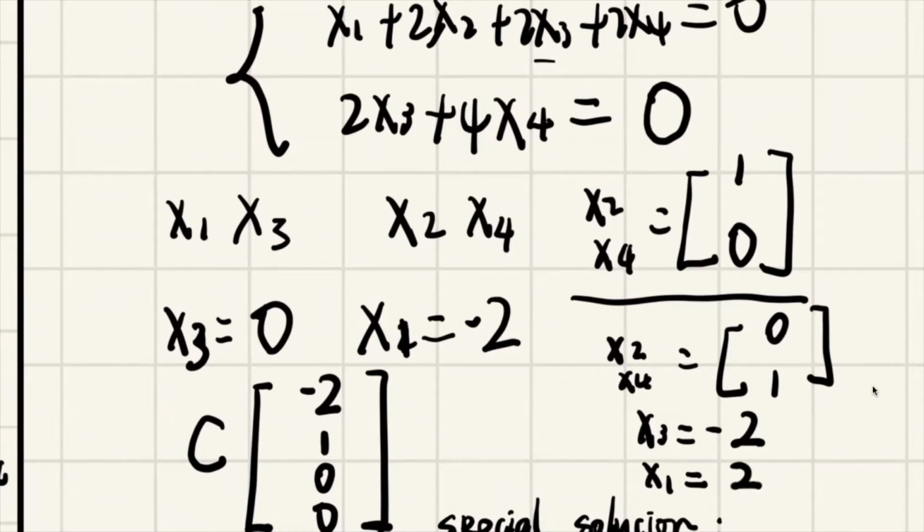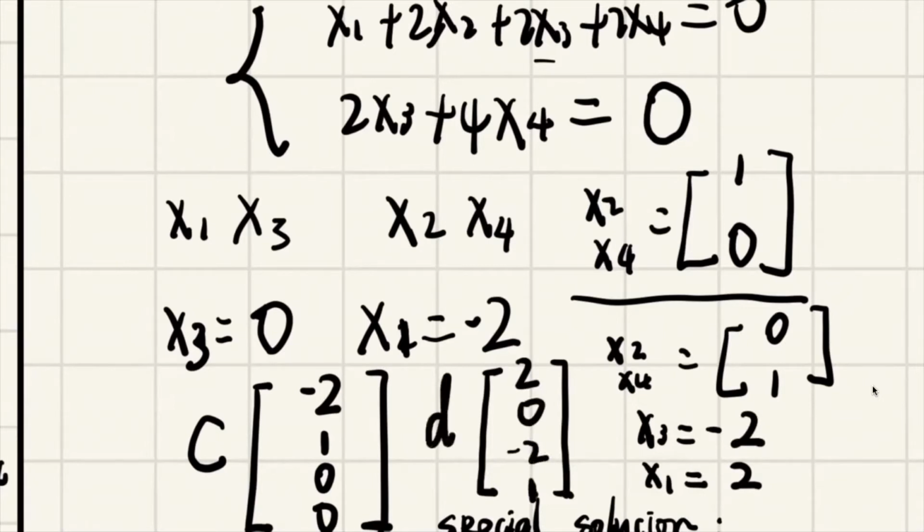So x1 will be 2. So there's another special solution, with values 2, 0, minus 2, 1. And we can find out that any D times this solution will always give the solution 0.